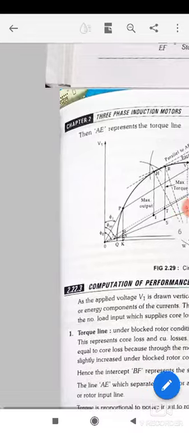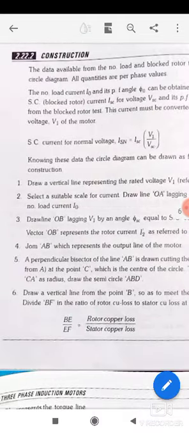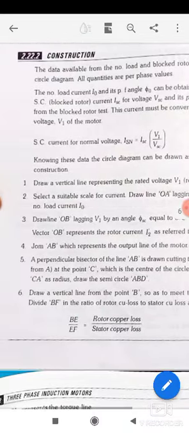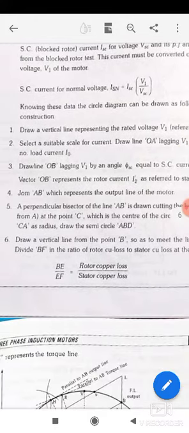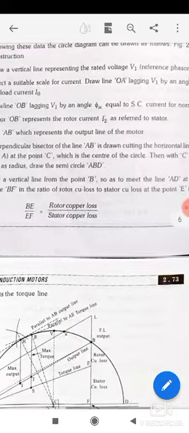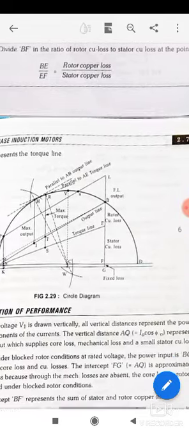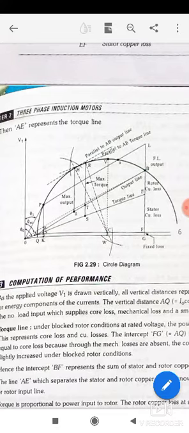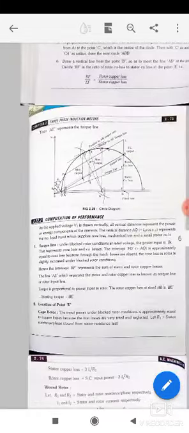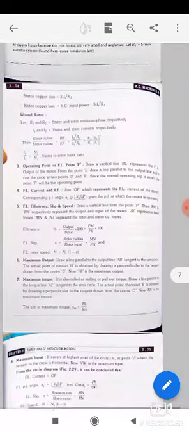We have to follow the steps here: draw the vertical line V1, draw lines OA and OB, and join AB, like that. Every step you need to follow. By explaining orally you cannot understand; you have to draw separately and explain it. I will make another video regarding this circle diagram.